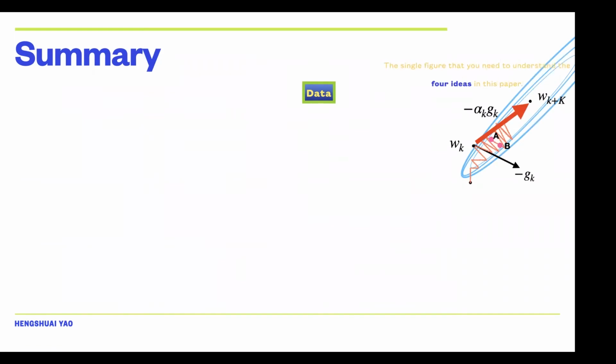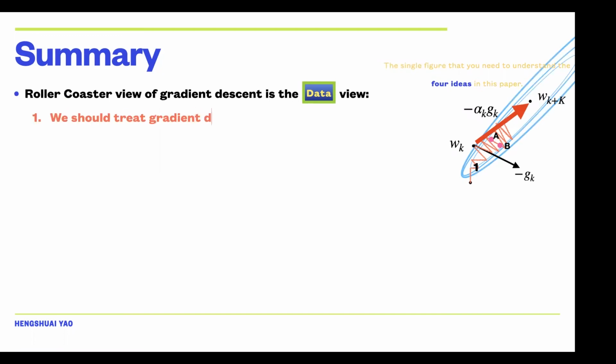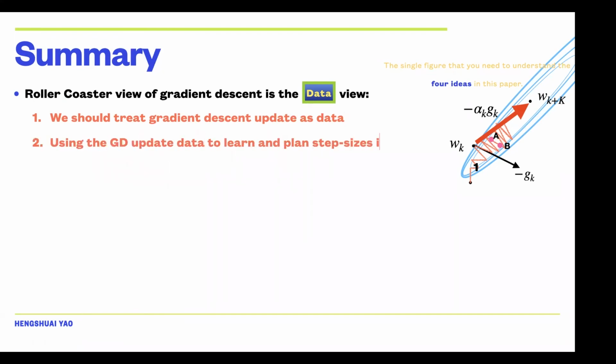First idea is a roller coaster view of gradient descent. It's a data view. We should treat the gradient descent update as data. Second, using the gradient descent update data to learn and plan step sizes is possible. So Chalk is the first such algorithm.